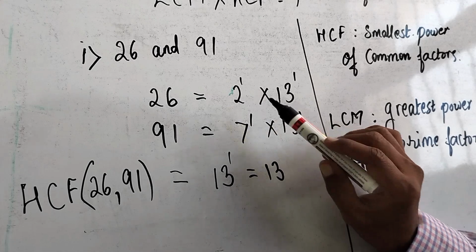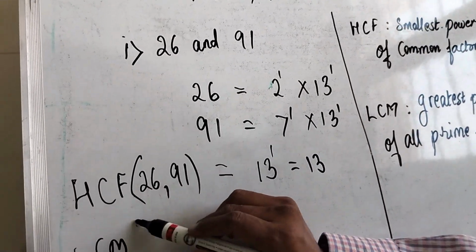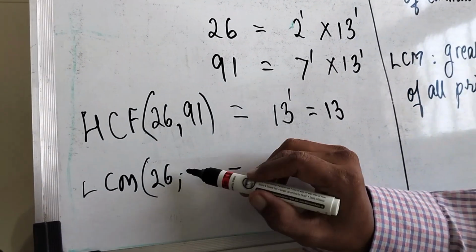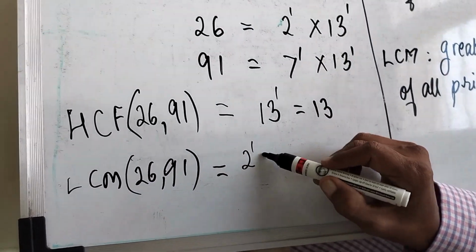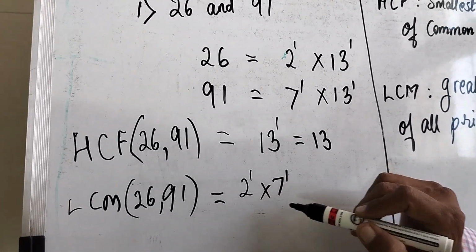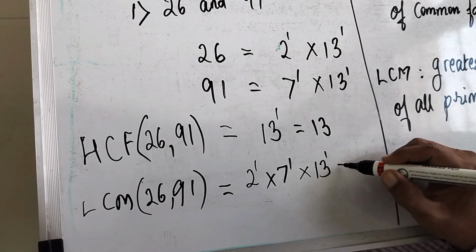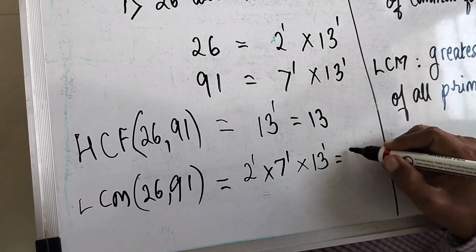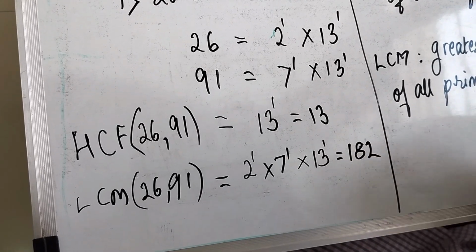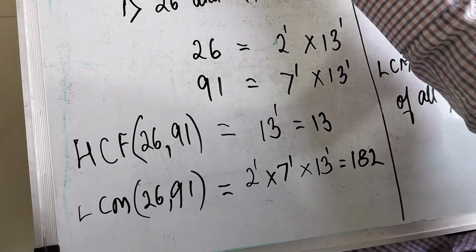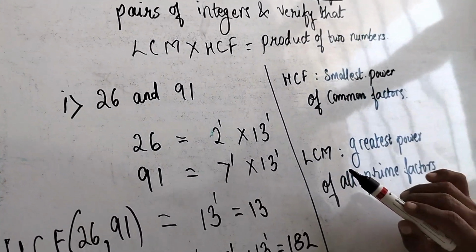Now what is the greatest power of 2, to find the LCM? The greatest power is 2 raised to 1, 7 raised to 1 and 13 raised to 1. When you multiply this, you are going to get 182. Understood?